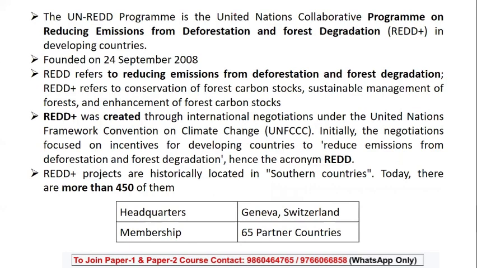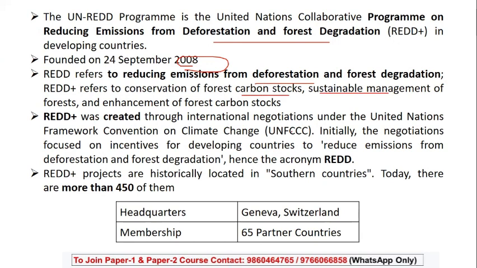Yes, now there is a concept of United Nations REDD. Now, this is basically reducing emissions from deforestation and forest degradation, that is REDD Plus, which was founded in 2008 to reduce, as I said, emissions from deforestation. Plus refers to conservation of carbon stocks or sustainable management.